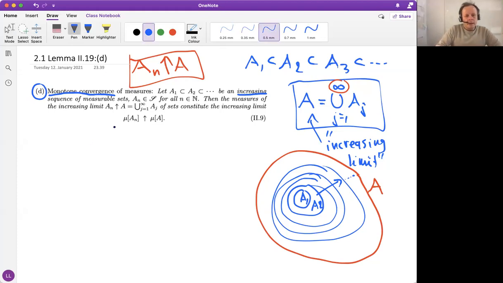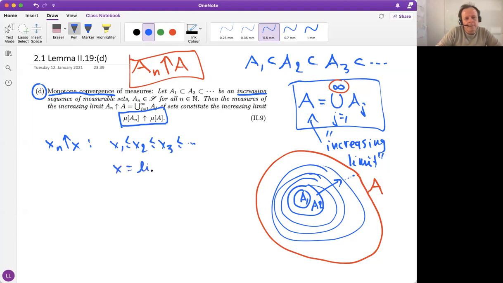And then the claim is that the measures are also increasing in this sense. So now we are looking at numbers. For numbers, xn increases to x means that x1 is less than or equal to x2, which is less than or equal to x3, and so on, and x is then the limit of xn when n goes to infinity.